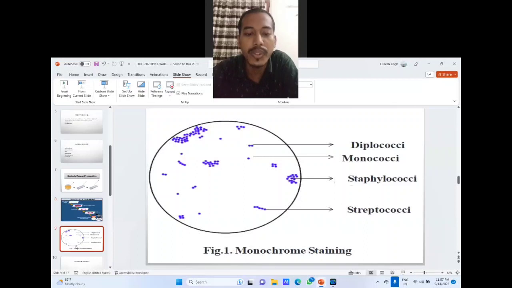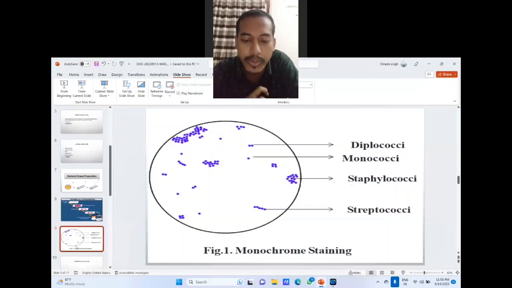In case of simple staining, we can see in this picture the diplococci. That means two bacteria are staying together. Monococci means a single coccus present on the slide.